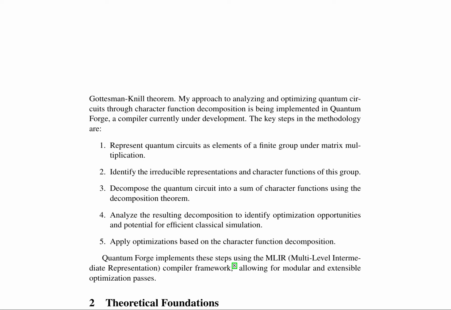The process involves representing quantum circuits as elements of a finite group under matrix multiplication, identifying the irreducible representations and character functions of this group, decomposing the quantum circuit into a sum of character functions using the decomposition theorem, analyzing the resulting decomposition to identify optimization opportunities and potential for efficient classical simulation, and applying optimizations based on the character function decomposition. Quantum Forge utilizes the MLIR compiler framework, enabling modular and extensible optimization passes.